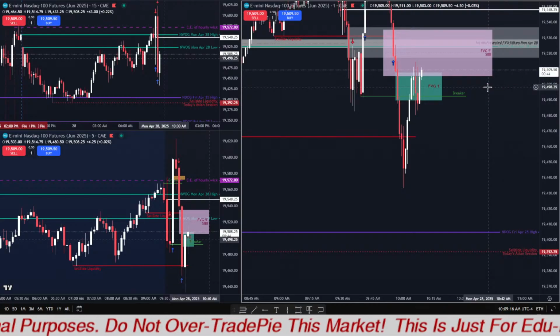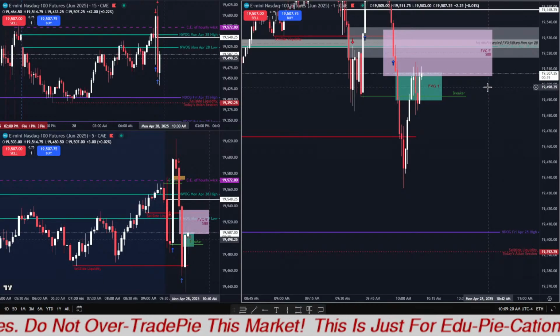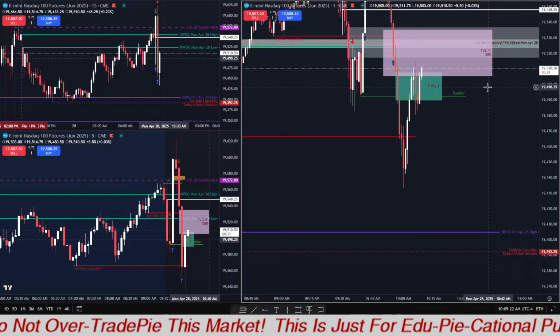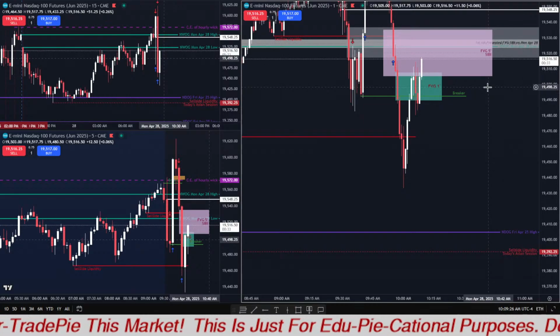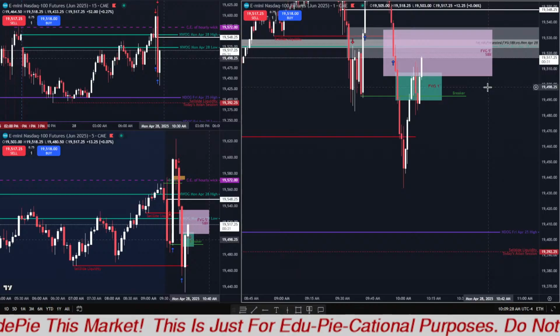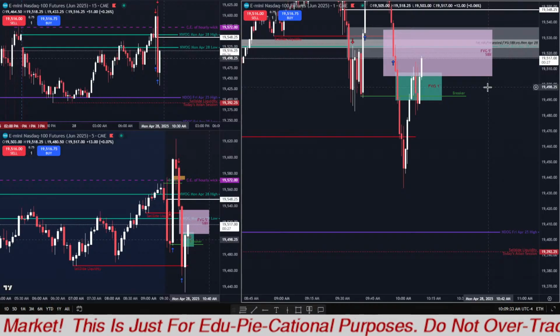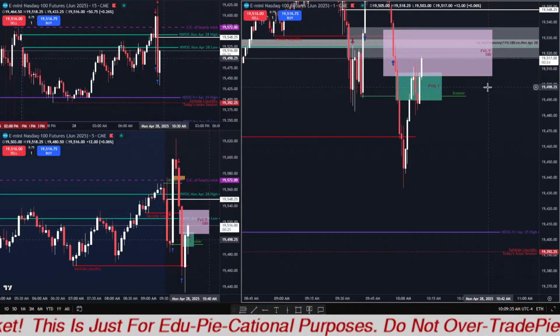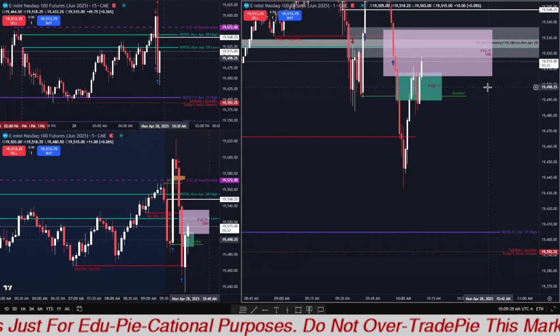The bodies of the candle are still resting inside that 1-minute fair value gap. We touched the low of the first presented fair value gap of today, and I'm expecting some kind of reaction over here from this first presented fair value gap.